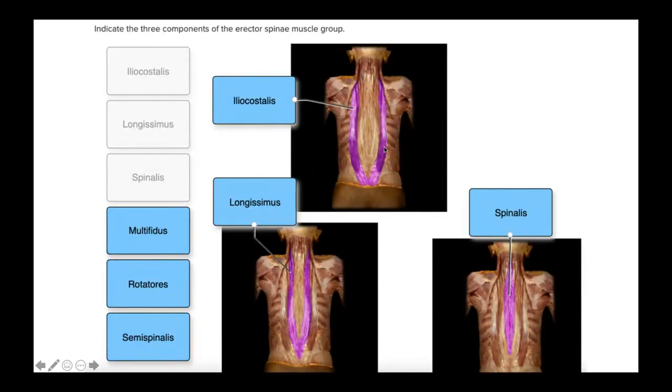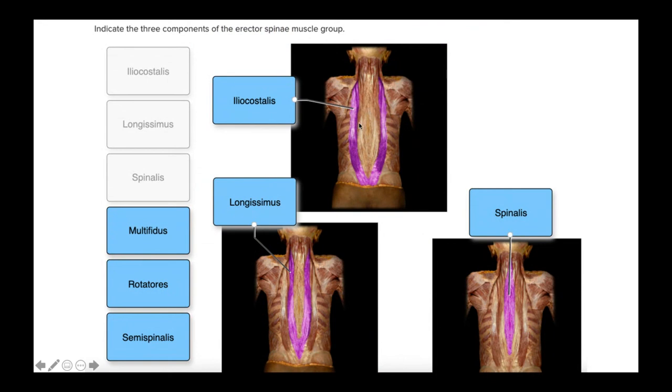Then some of the spinal muscles along the back, the erector spinae group. So the iliocostalis, going from the ilium all the way up. Closer to the spine in the center is the spinalis, and the longissimus is this way.